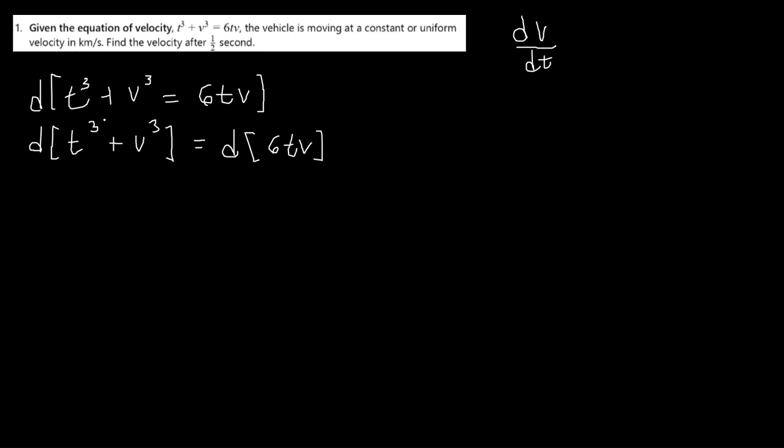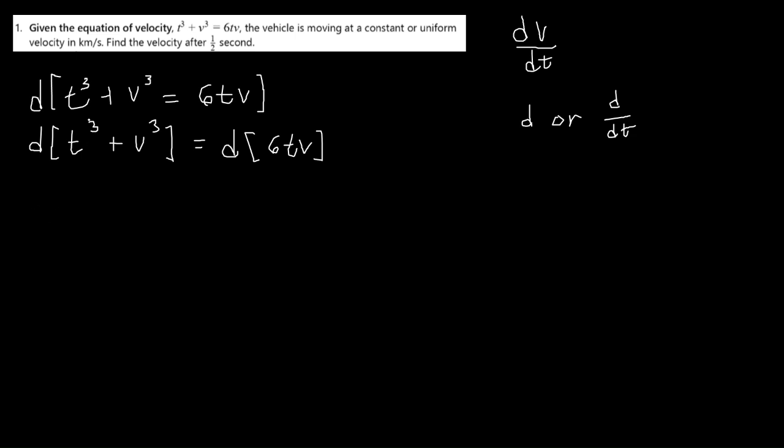Now we will distribute the derivative symbol. This d can also be dt, by the way. You can write this as d or d over dt because we're solving for dt, but I'm going to be using d on this example first.